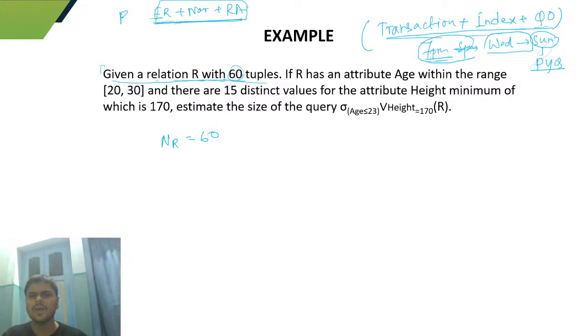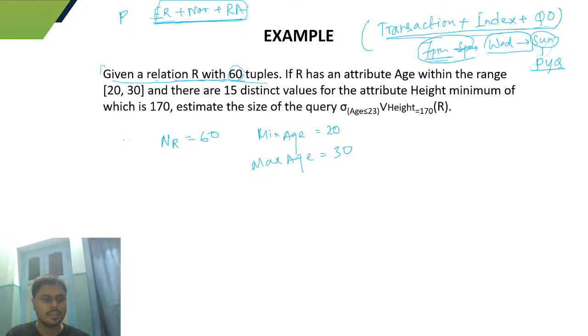Okay. R has an attribute age within the range of 20 to 30. So the minimum value of age is 20 and the maximum value of age is 30. Also, there are 15 distinct values for the attribute height.